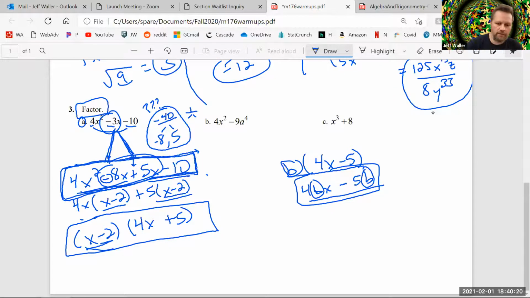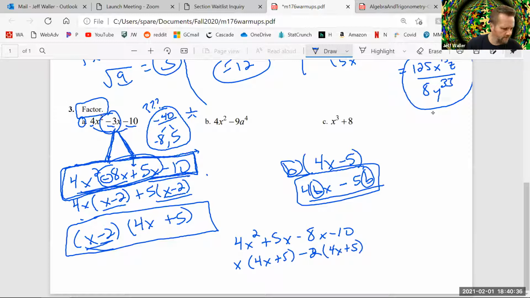But it'll, in fact, let's do it real quick. If I change that around, I put the plus 5x and the minus 8x. Let's see, I can take an x out, and I can take a negative 2 out. Are you guys with me? Do you see how your 4x plus 5 would be in when my 4x plus 5 was out? Your x minus 2 is out when my x minus 2 is in.